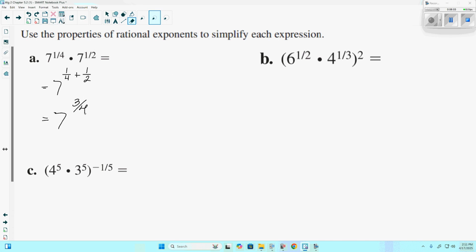Now this is as simplified as it gets, mainly because 7 is a prime number. We can't reduce it or rewrite it. 3/4 is not a whole number, so that doesn't reduce at all. And the 4 on the bottom is telling us it's our root. We're trying to find what times itself 4 times is 7. There's not a number. The 3 on top doesn't help.